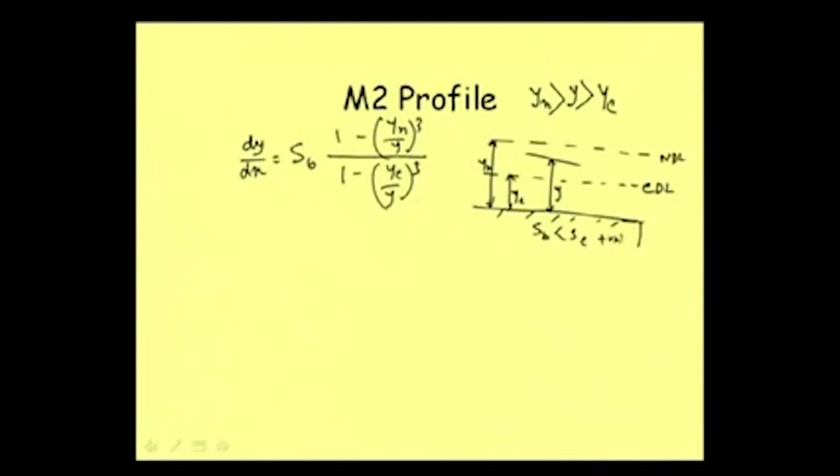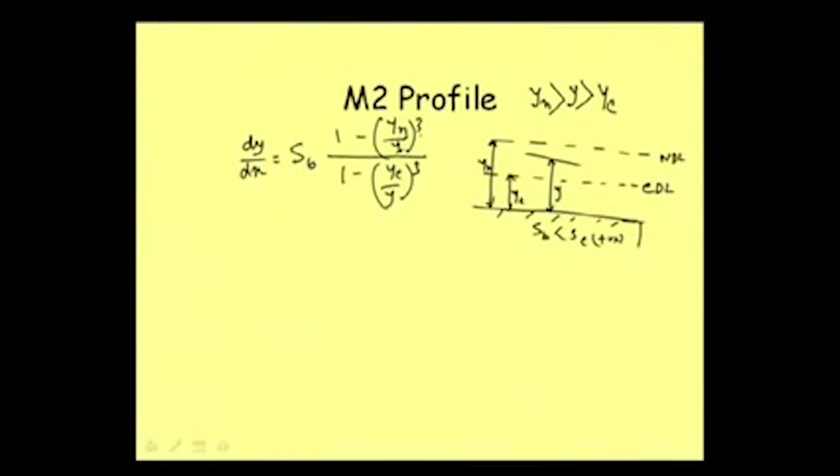Now if we see the numerator, Yn is greater than y, so the ratio Yn/y will be greater than 1, and the cube of that will also be greater than 1.